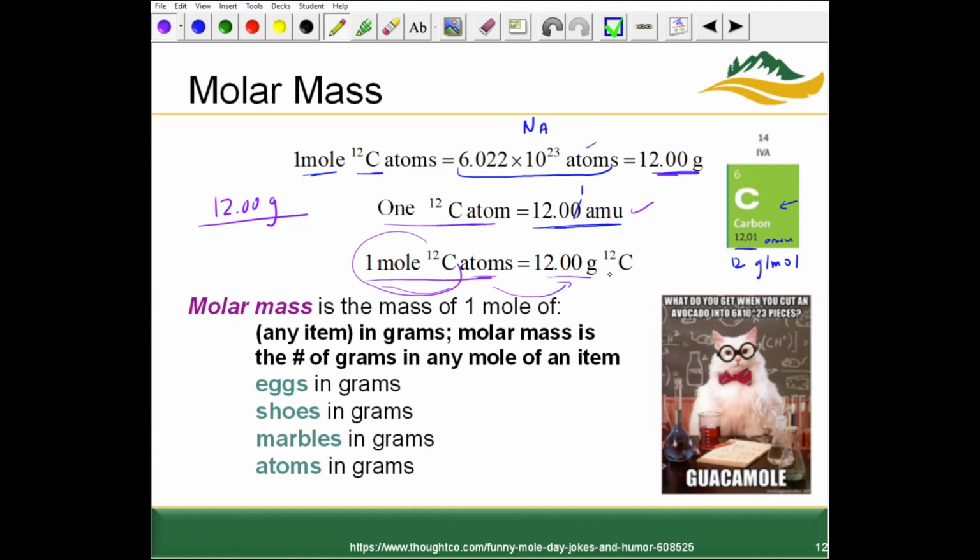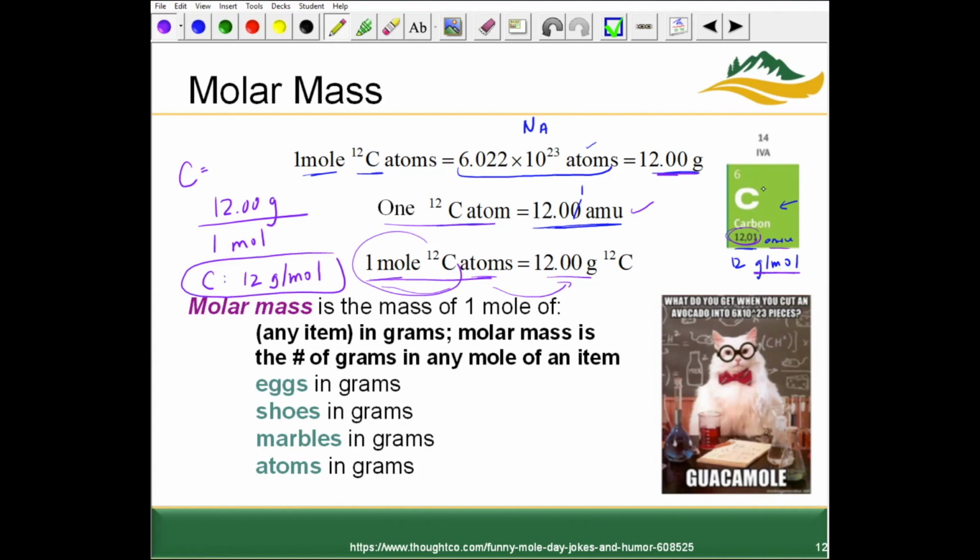This becomes extremely important because anytime we look at the periodic table, we can say that carbon weighs 12.00 grams per 1 mole. Another way you'll see this is 12 grams per mole. So when you look at the periodic table, just go ahead and correlate this average atomic mass with atomic mass units and the number of grams per mole.